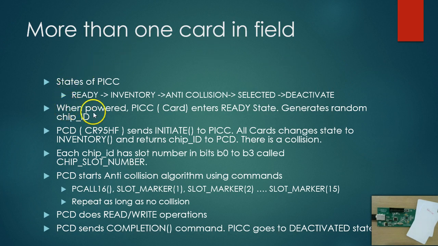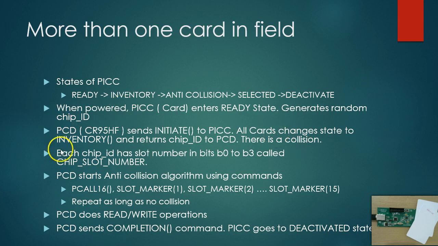So when powered, the PICC enters the ready state and generates a random chip ID. PCD sends init to PICC. All cards change state to inventory and return the chip ID. There is a collision. So whenever there is a collision, the PCD will throw an error.